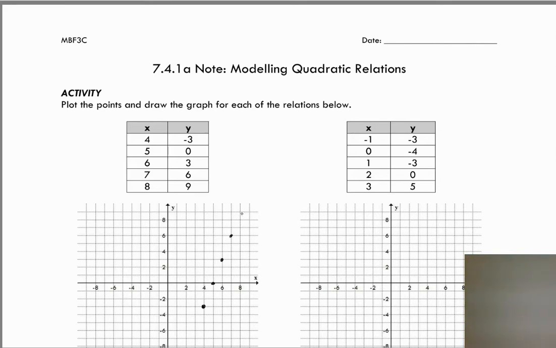So what are we seeing here? Well, forgive me for not having a ruler with this set of tools, but we should have a straight line. If I do it by hand, it's not as great, but we would call this linear.